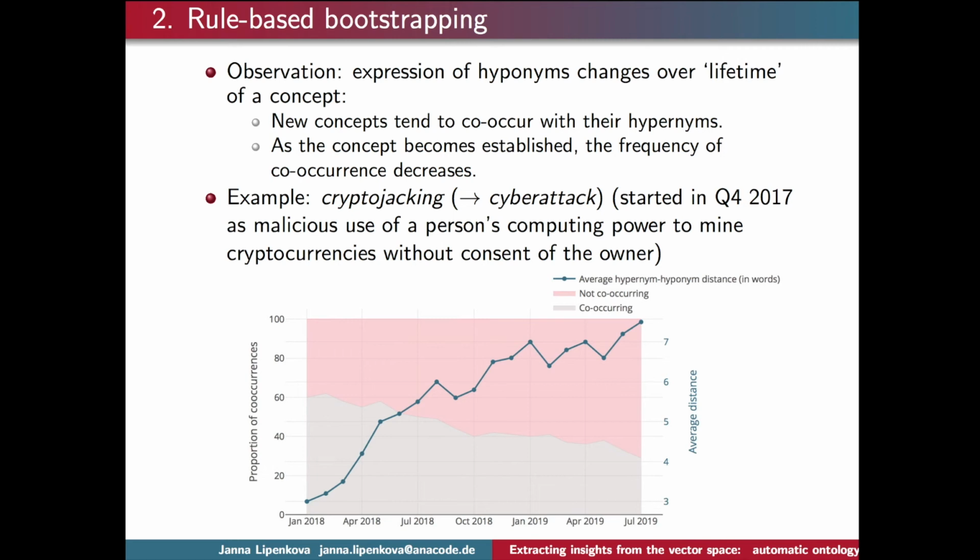And the blue line denotes the average distance in words between the hypernym and the hyponym for those instances where there actually is this co-occurrence, and you can see that the distance is growing, which means that basically the association becomes more and more loose also in the data.